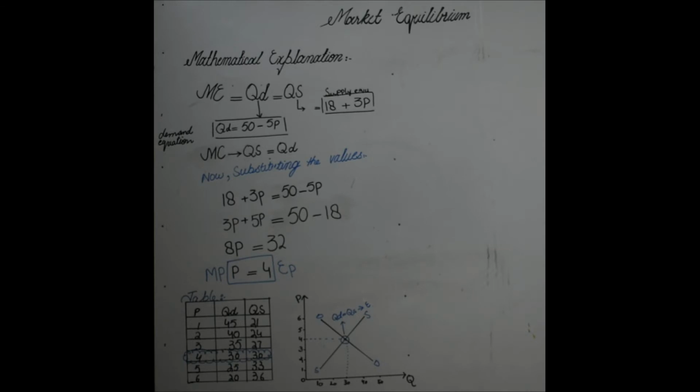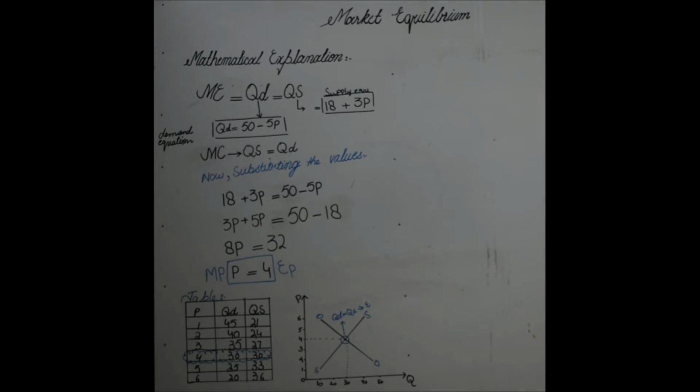The demand function shows the relationship between the price and quantity demanded. We know that at different prices in the market, people are willing to buy different quantities. When price is low, people demand more, and when price rises, people demand less. Similarly, the supply function shows the various quantities which the producers are willing to supply at different prices of the commodity.